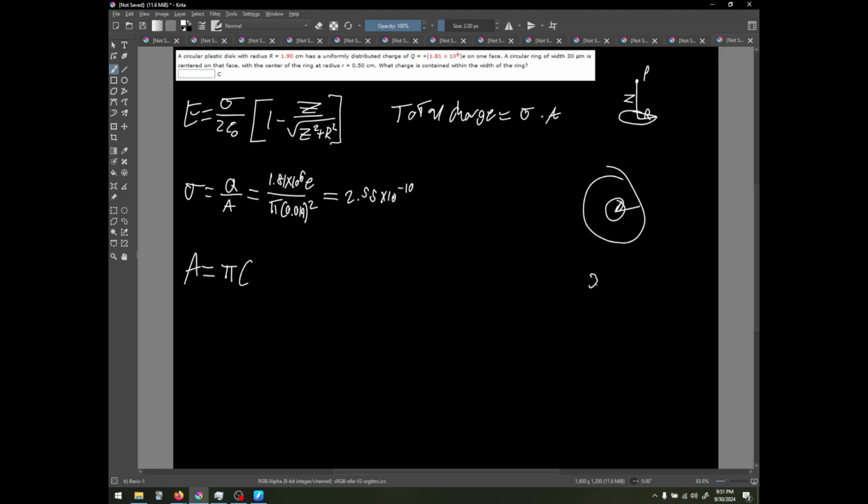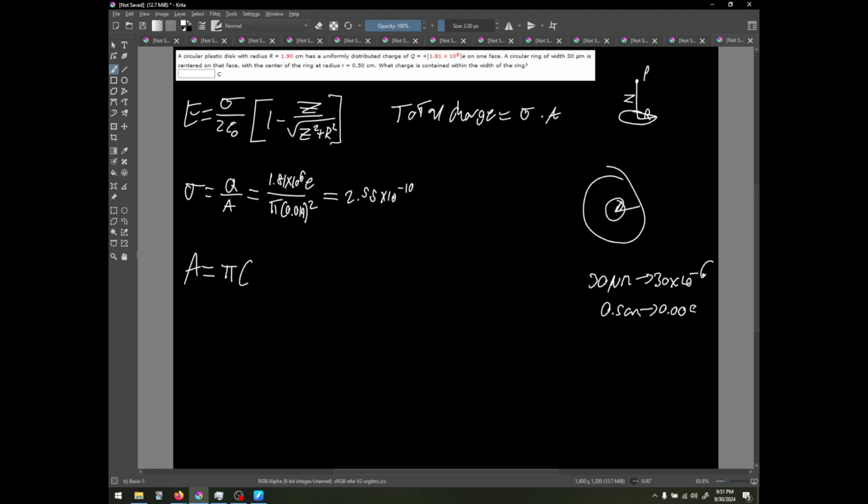Well, let's see. 30 micrometers is 30 times 10 to the negative 6 meters. And then 0.5 centimeters is 0.0005 meters.